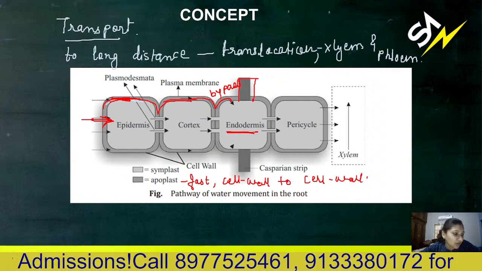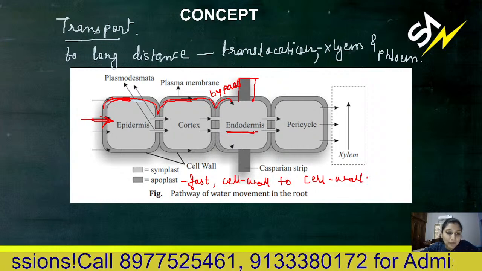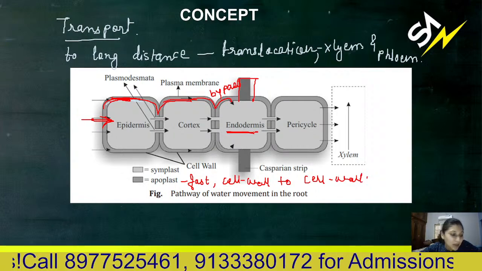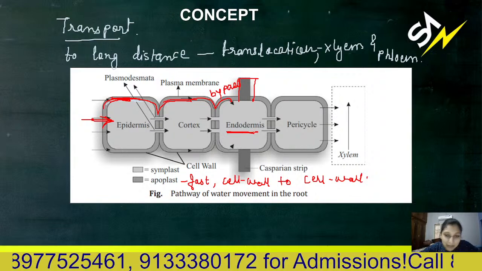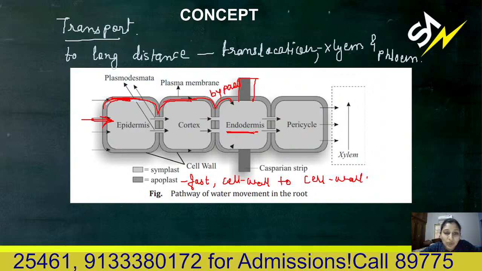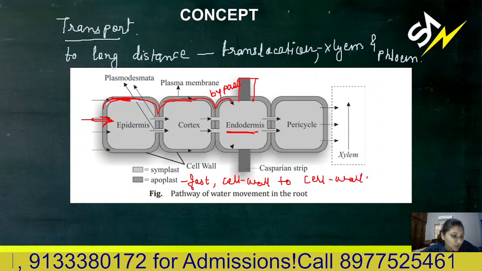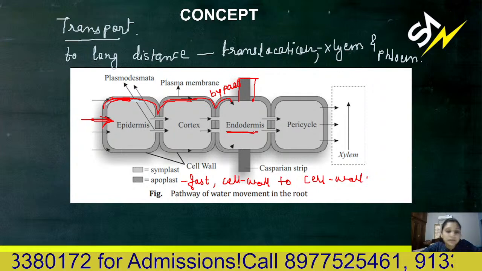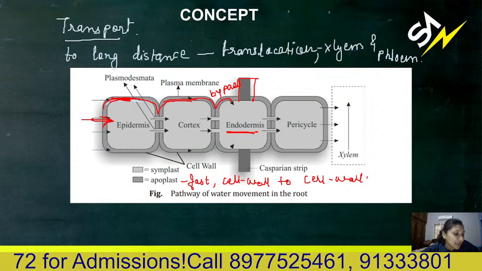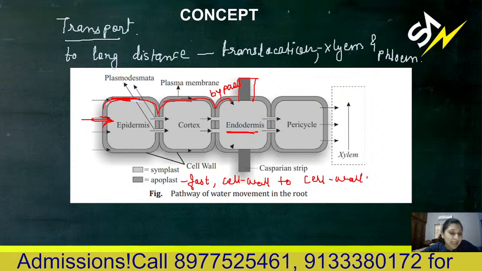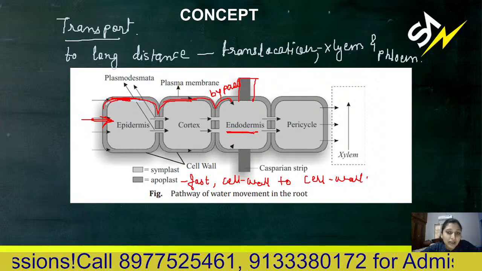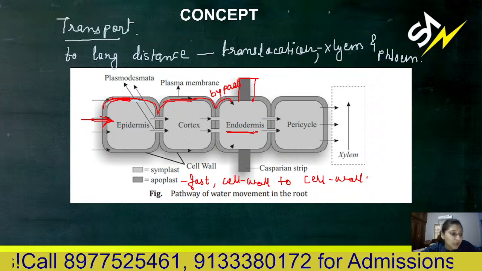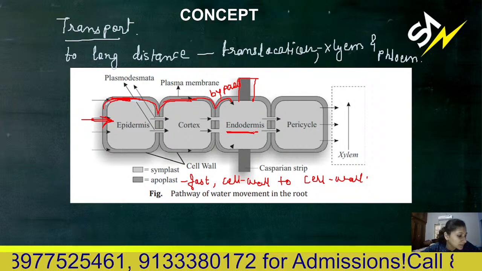Yes, Nitin, it's not Saberian strip, it is known as Casparian strips. But yes, deposition of suberin, a waxy material. That's right, Nitin. And in which part do they have this deposition? Niharika, angular deposition, or completely forming a double cell wall type of deposition?